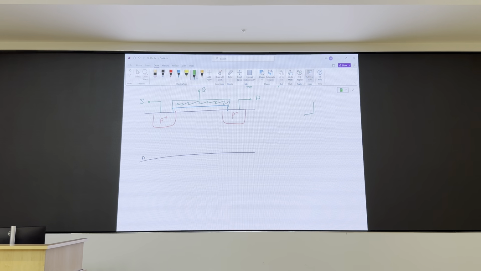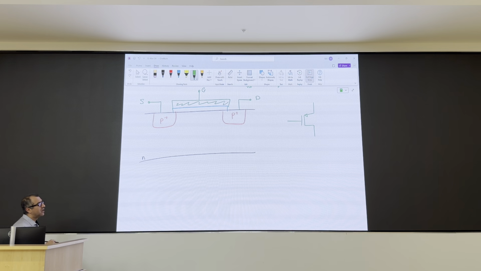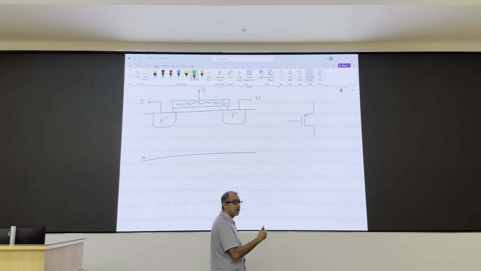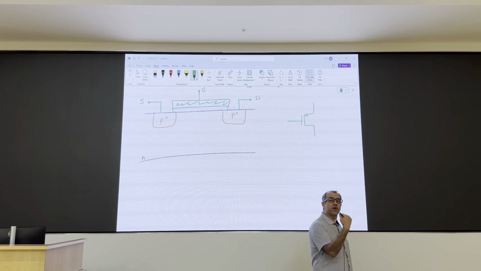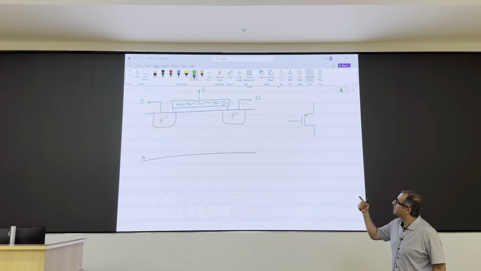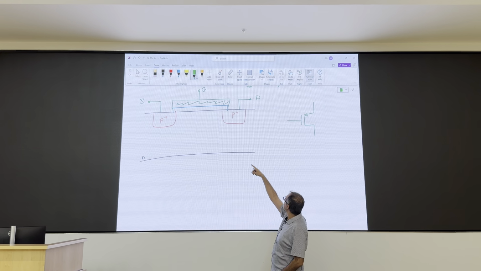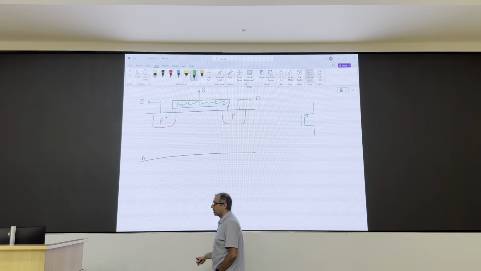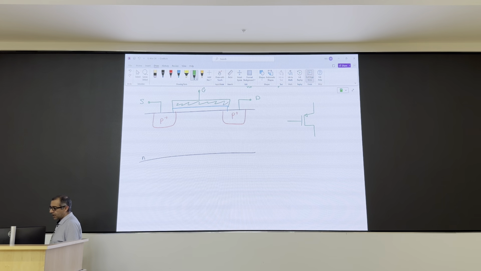The symbol for a PMOSFET is this. Again, identify the source, because in analog electronics it matters. The direction of the arrow points towards the channel, right? Your channel is P-type in this case. This is the direction of your arrow. IS goes in, ID comes out.